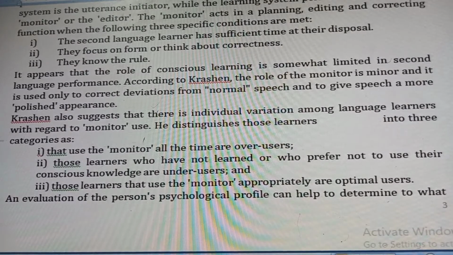An evaluation of the person's psychological profile can help to determine to what group they belong. Usually, introverts are underusers, while extroverts and perfectionists are overusers. Lack of self-confidence is frequently related to the overuse of the monitor.